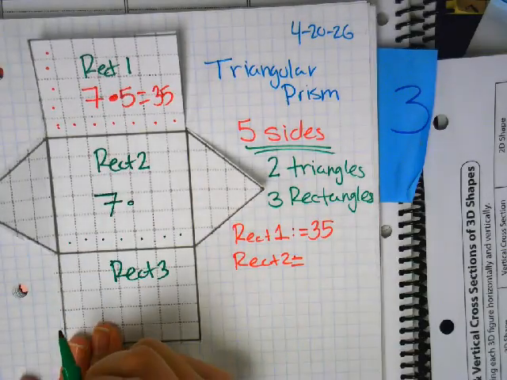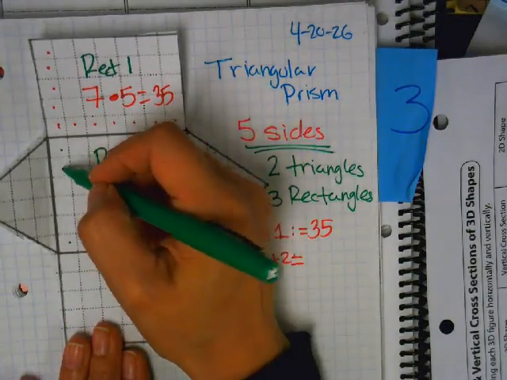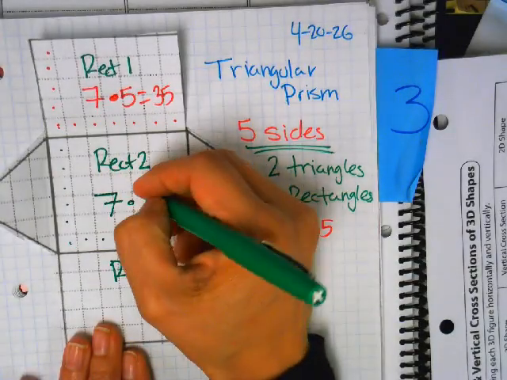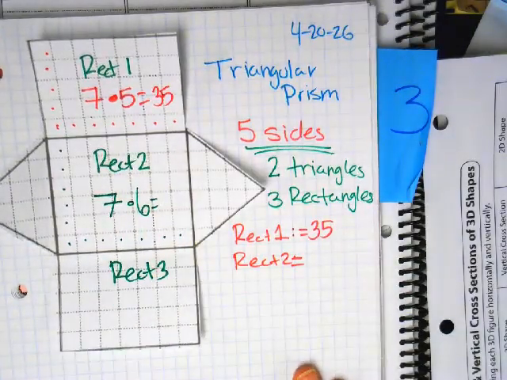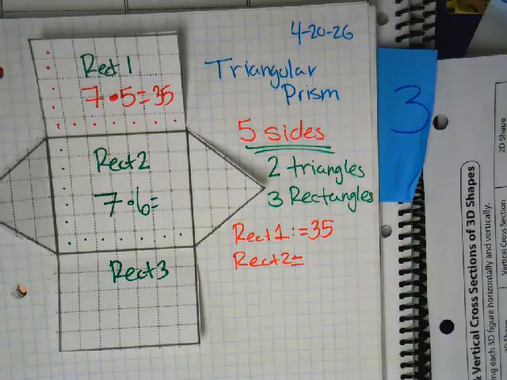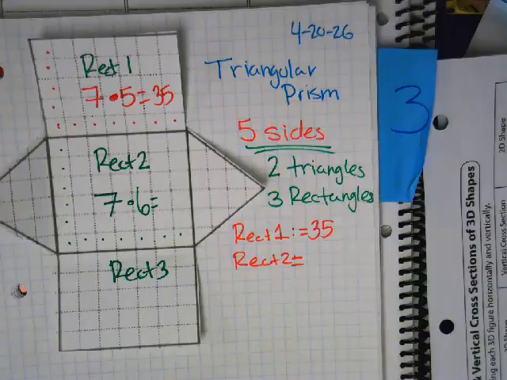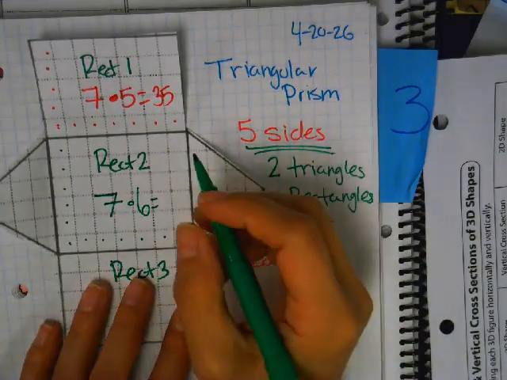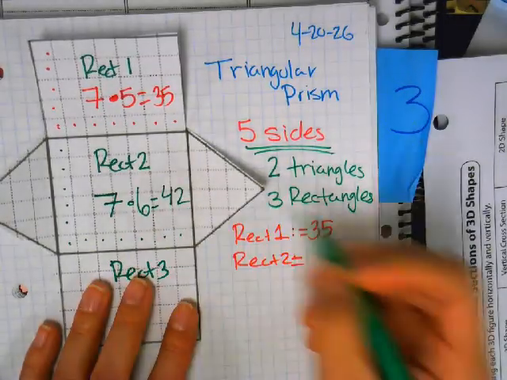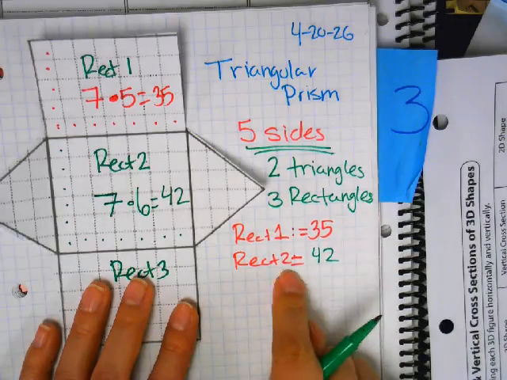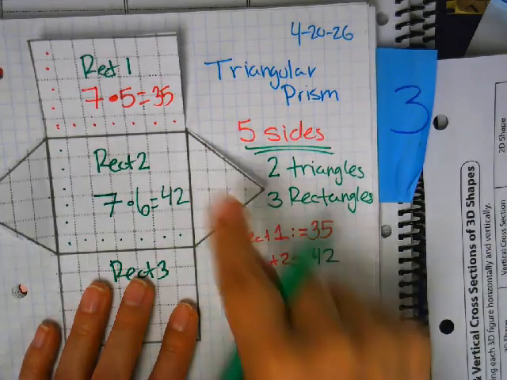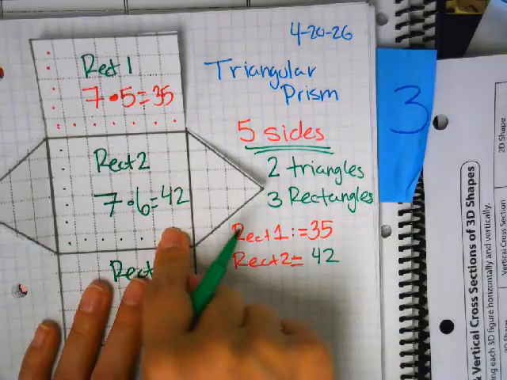But how many going up? 6. So do you see how that one's a little bit bigger? So we can't trust that they're the same. Yes, on Friday, Andrew, they were the same. Friday is a little different, easier. What's 7 times 6? 42. So I'm going to write it down. Rectangle 1's 35. Rectangle 2 is 42.